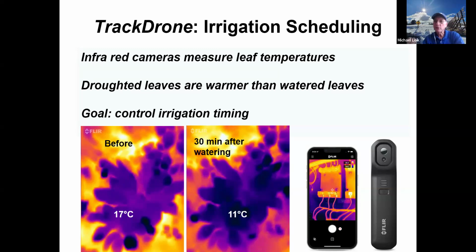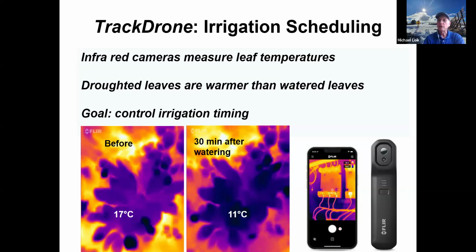And I watered the plants and came back half an hour later, took another image, and the leaves had cooled down because they were wetter and stomata had opened, and they were transmitting the heat of vaporization that happens when a water molecule goes from the liquid to vapor phase at the thin film of water on the cell wall surface, the site of evaporation within leaves.